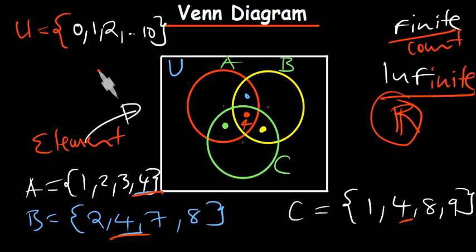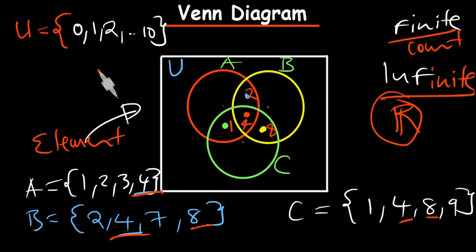Now you have to put a dot to indicate that 4 is an element. And then if you look at B and C, I can see 8 is a common element. So a dot and then 8. If you look at A and C, I can see 1 is common. And if you look at A and B, I can see 2 is common.